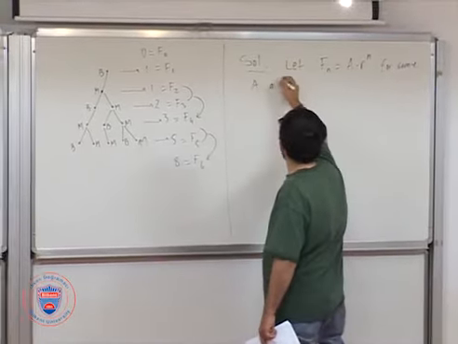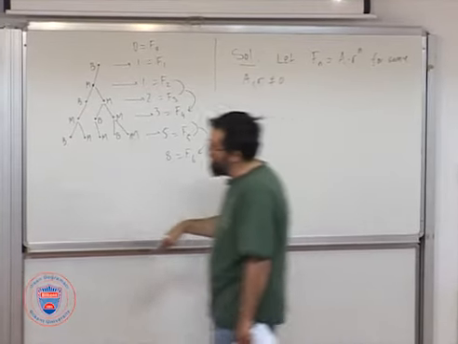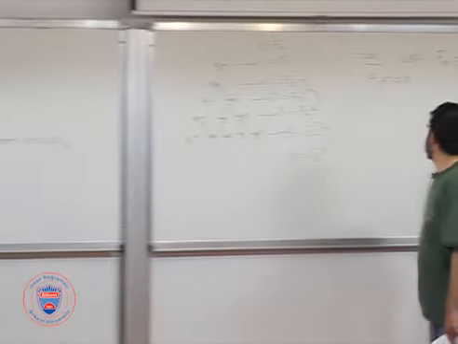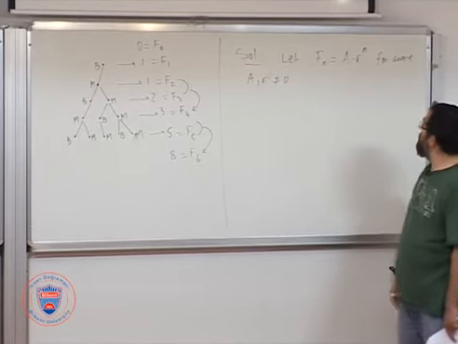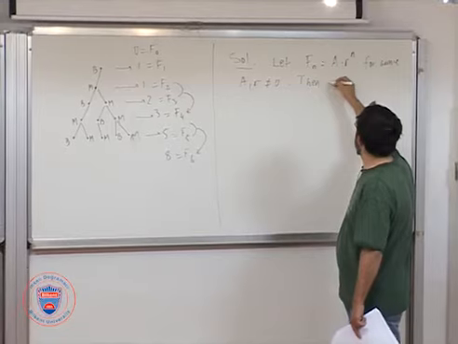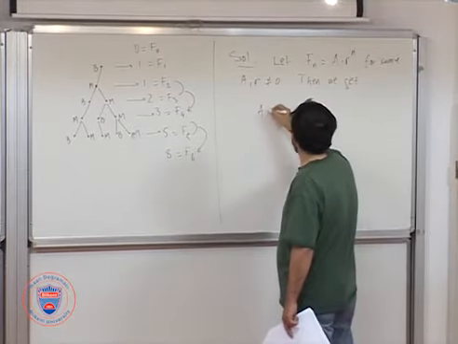Of course, both r and A should be non-zero so that this is non-trivial. If it is 0, it will be 0 everywhere, which we know it's not. Right? So this is the generic solution for a first order recurrence. By putting this in, what you get is something like this.